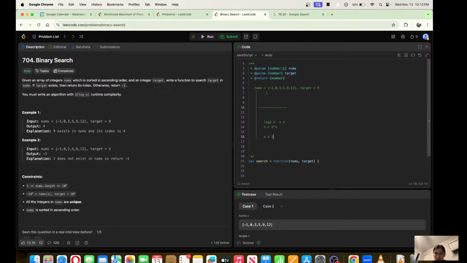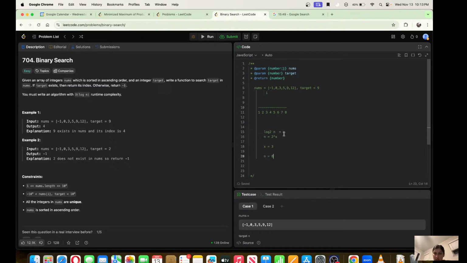Suppose x is equal to 2, then n will be equal to 4, or n will be equal to 8 if x is equal to 3. Which means if there are 8 integers, 1 2 3 4 5 6 7 8, then our search space decreased to 3. x is 3, right?